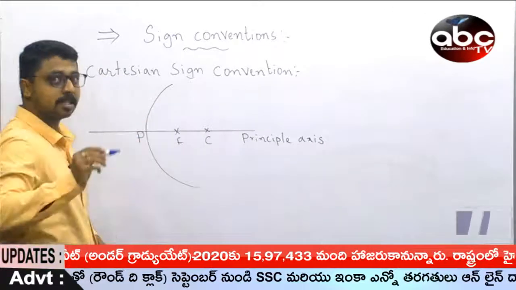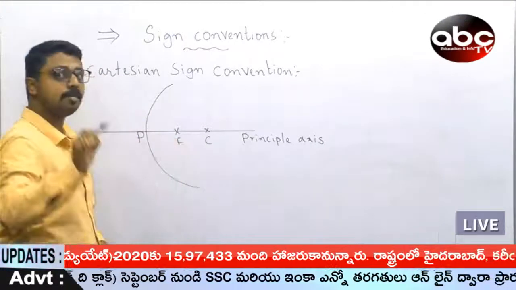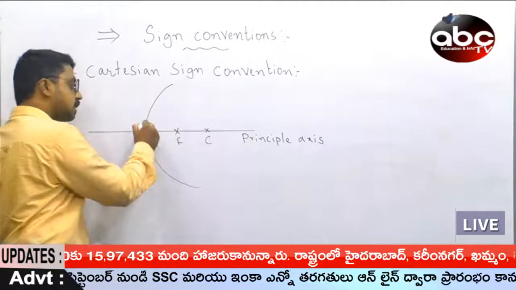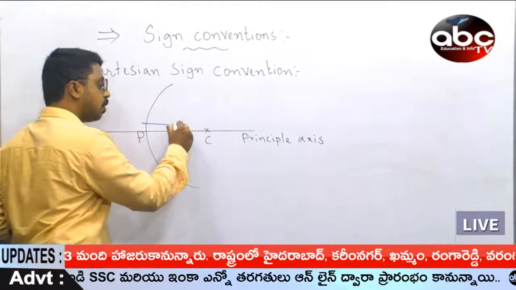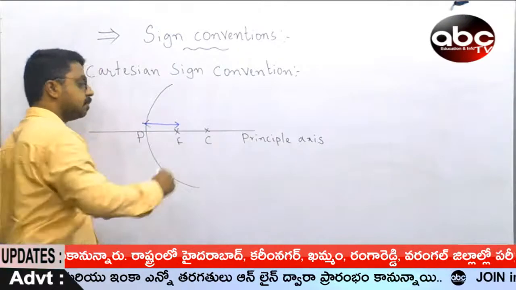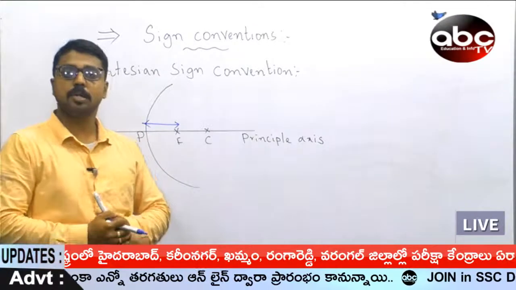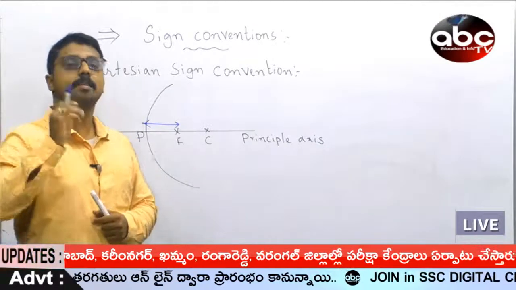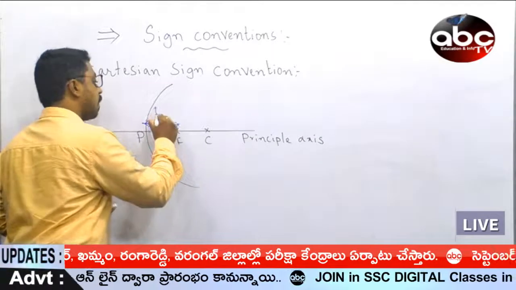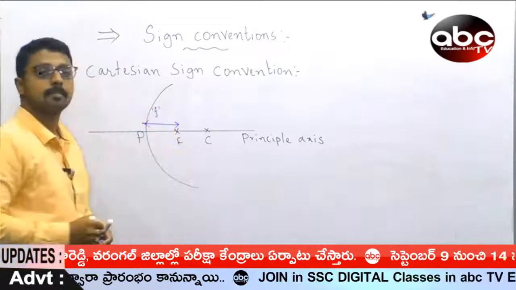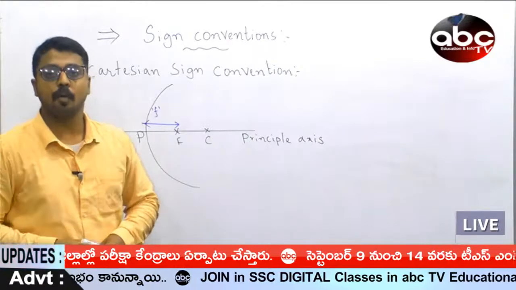Pole is a fixed point, and focus is a fixed point. The distance between pole and focus is called the focal length.